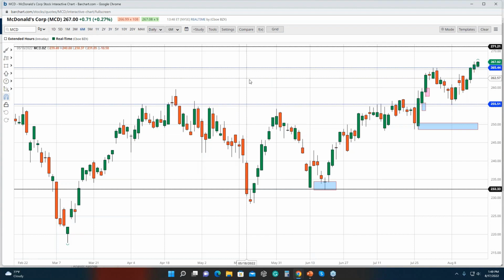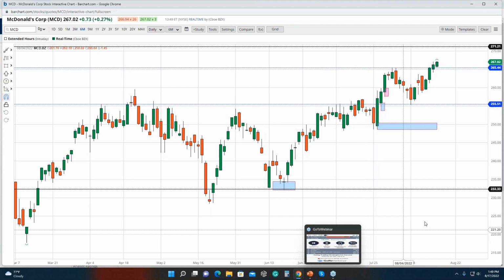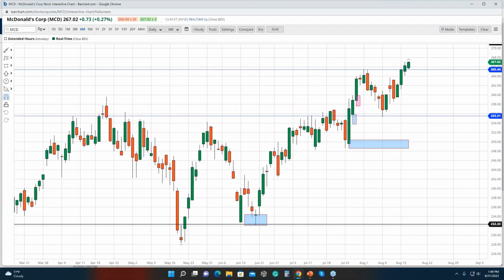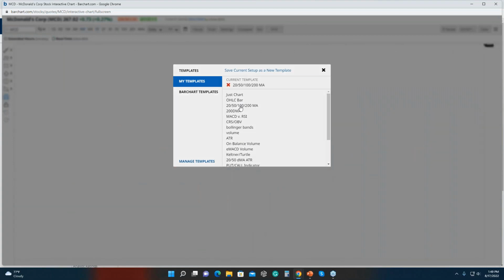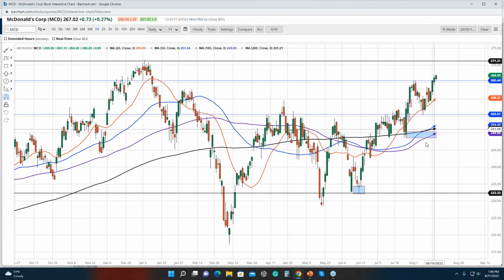I'm going to do my trend analysis. Again, what is our trend? Very easy to decipher this one, a series of higher highs and higher lows. So we're in an uptrend. Again, if I went to some moving averages, right? All my moving averages are turned up.